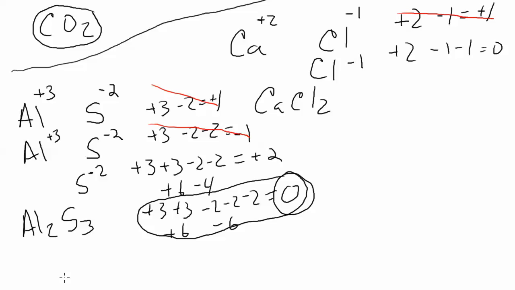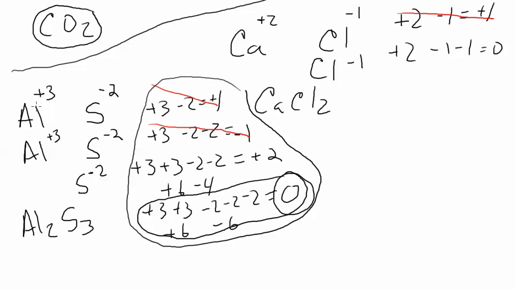Now, there is an easier way to do this than writing out all of this. Let me show you what it is. We'll go back to our aluminum and our sulfur. Aluminum was plus 3 and sulfur was minus 2.